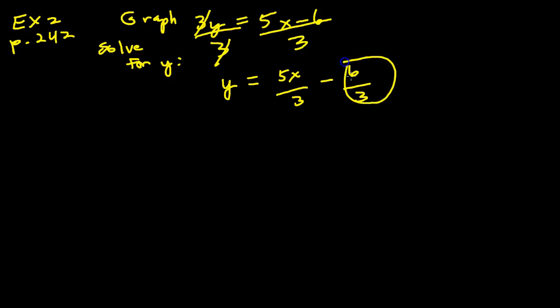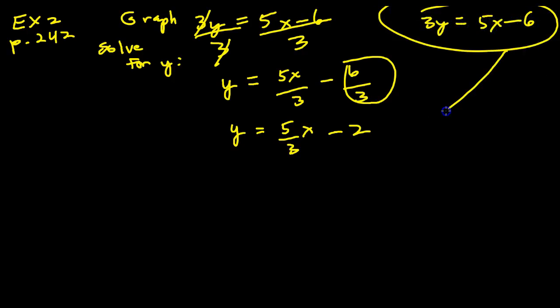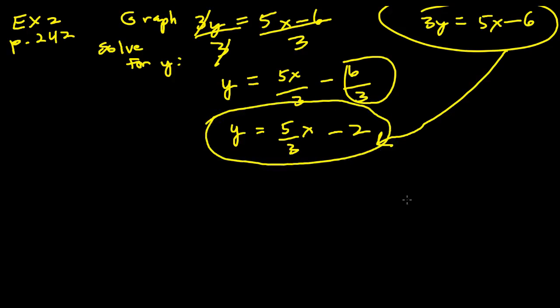And of course, 6 over 3 reduces to a 2, so I'll get y equals 5/3 x minus 2. All right, that's equivalent to the original equation, 3y equals 5x minus 6. We did algebra type things to get from here to here. So equivalent equations, same graph in the xy plane.